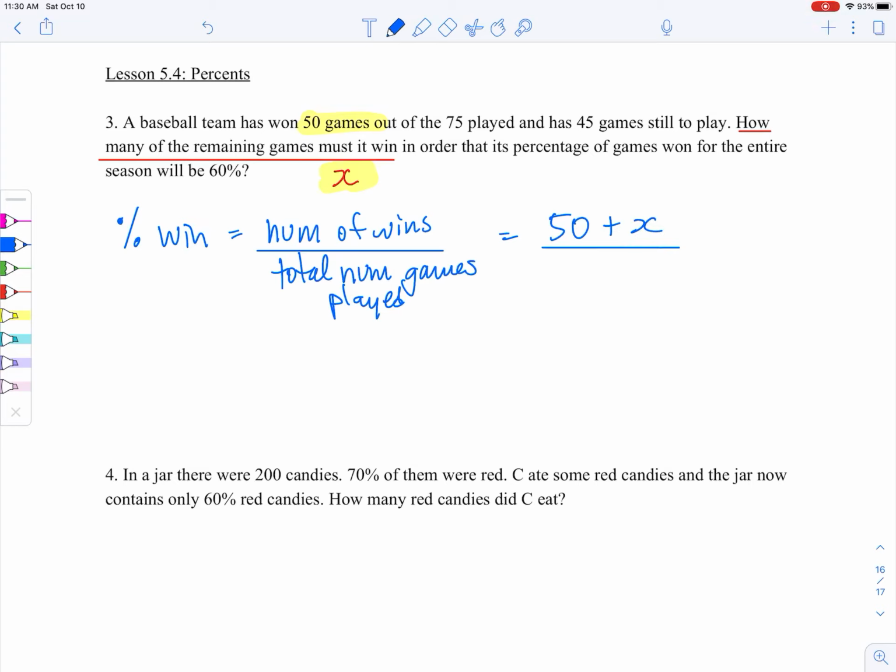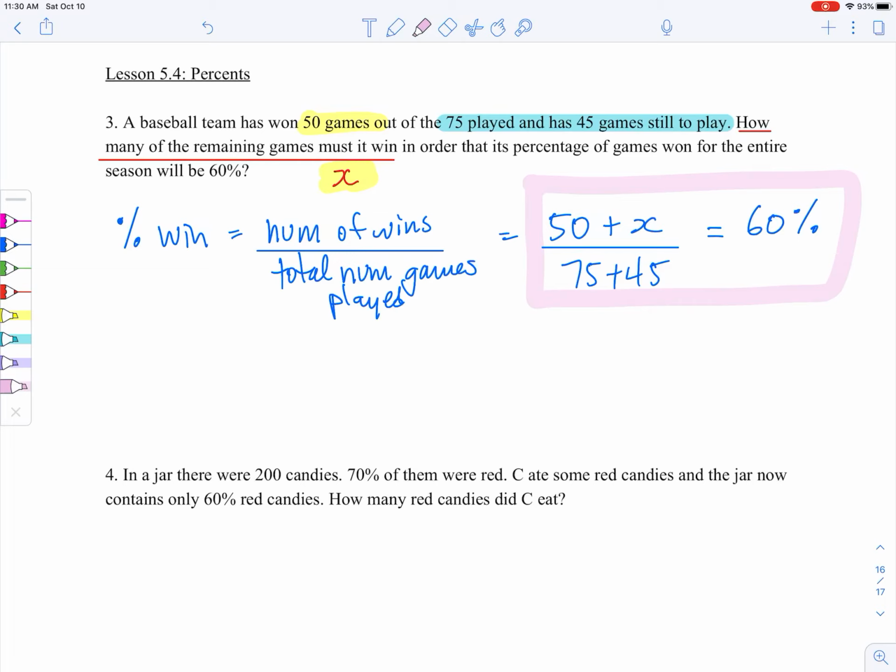The total number of games played: we've already played 75, and then we have 45 more still to play, so by the end of the season it's 75 plus 45 games in total. And overall, we want that percentage win to be 60%. So this here is what we're going to be solving for.